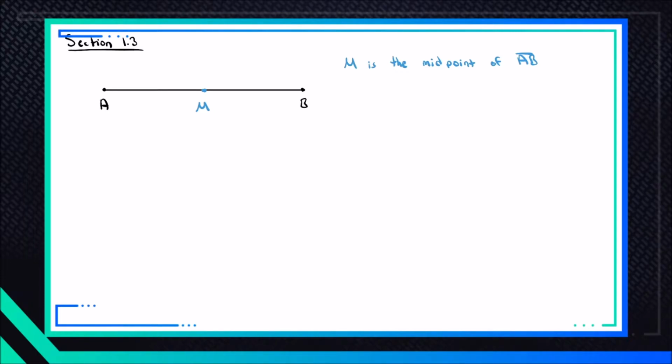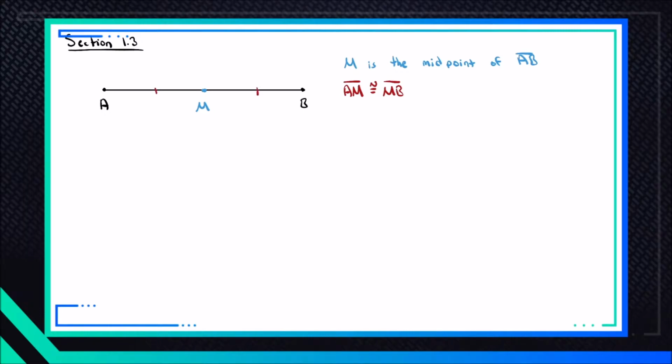And notice now that we have two segments, AM and MB. And we would say that AM is congruent to MB.